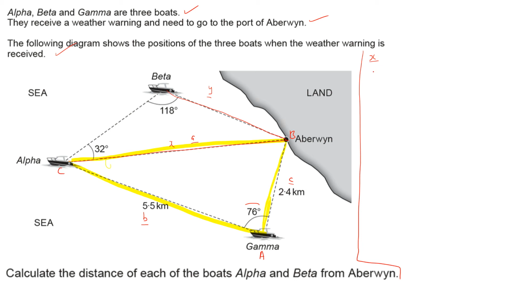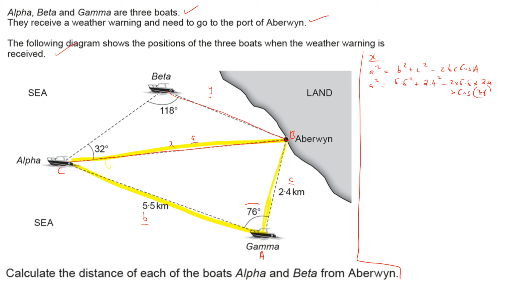So again, A squared equals B squared add C squared minus 2BC cos A. So A squared is 5.5 squared plus 2.4 squared, take away 2 times 5.5 times 2.4 times cos 76.